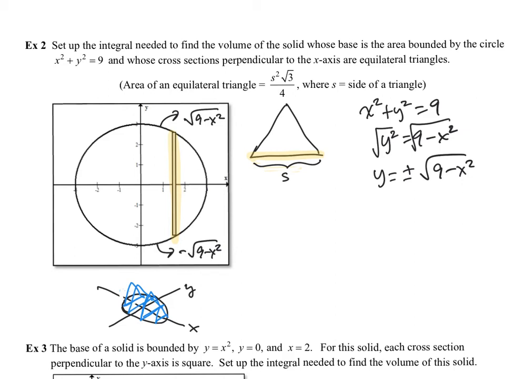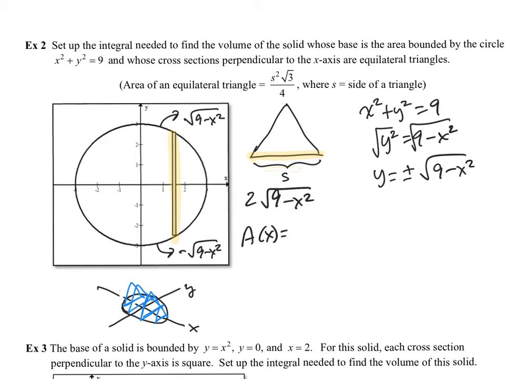So in other words, this yellow distance would be 2 times the square root of 9 minus x squared. Again, that was because I took the positive square root of 9 minus x squared minus a negative square root of 9 minus x squared, and subtracting that negative is the same thing as adding a positive. Okay, so now let's figure out what A of x would be, the area of that equilateral triangle.